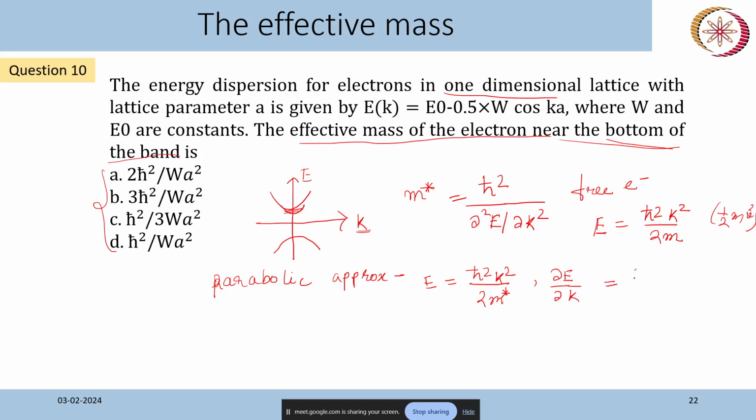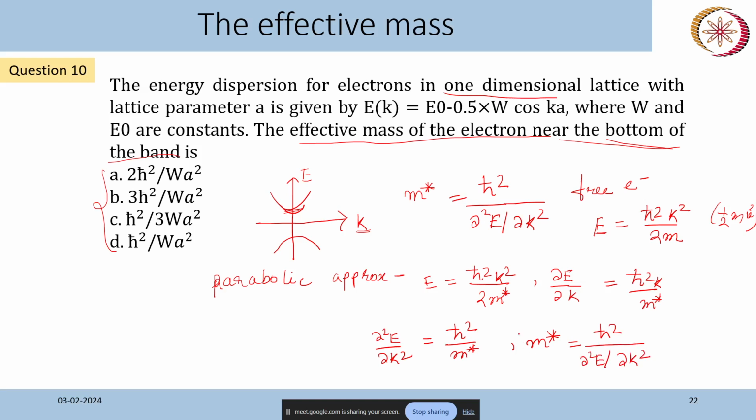That will be h bar square k by m star, and the double derivative will be h bar square by m star. So that's how we get the expression for effective mass, m star equal to h bar square over del 2E by del k2.